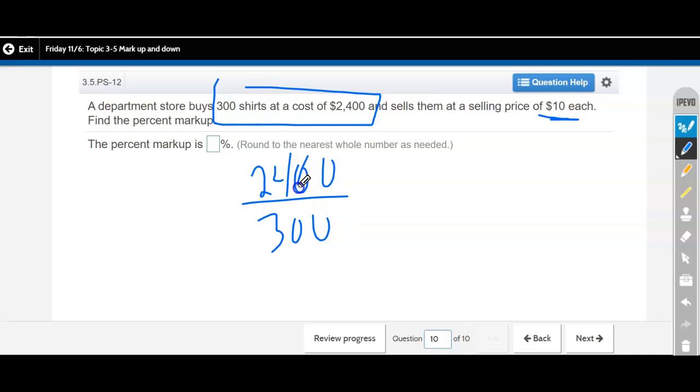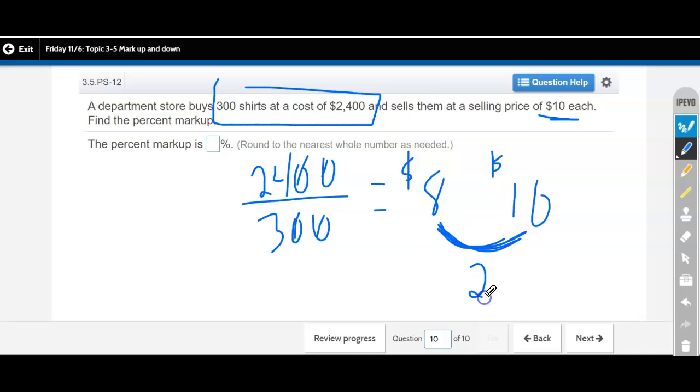So 2,400 divided by 300, well, what is that? 8. So they're paying $8 per shirt. That's what they're buying them for. They are selling them for $10. So we're looking for what markup. That $2 that they're marking them up is what percent of what they paid.